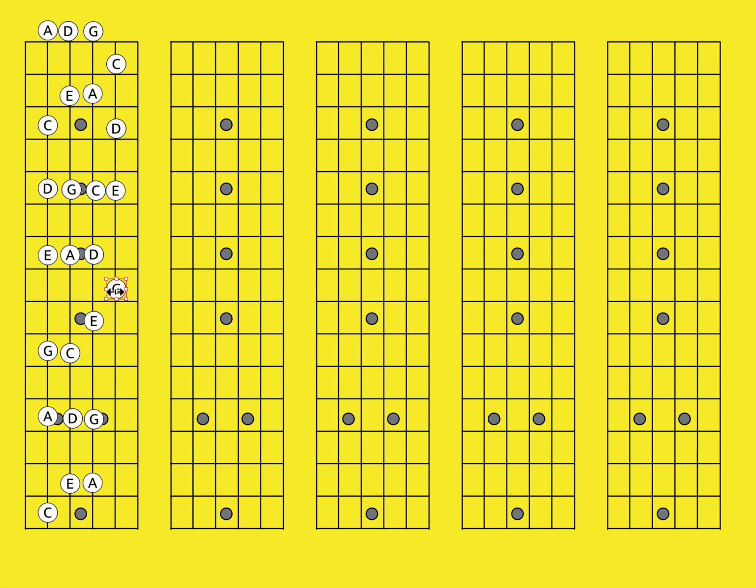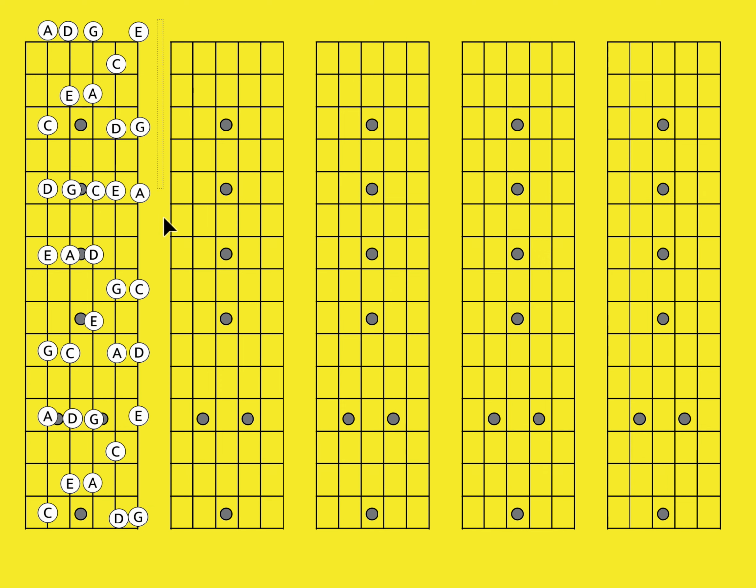D to G, E to A, G to C, A to D, and then continuing on, we have C to the open E, that is the lone major third, D to G, E to A, G to C, A to D, C to E, and D to G.